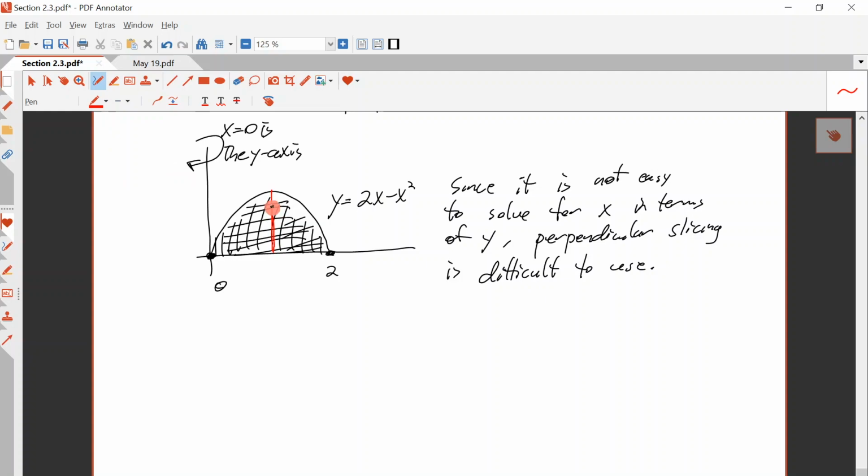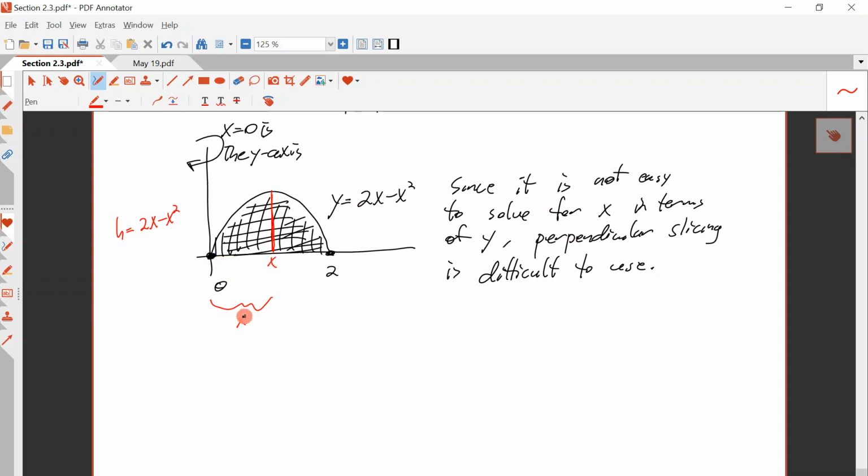Okay, here's the height of a shell right there, and it's just 2x minus x squared. And then the radius of the shell is just x. That's the distance from x to the vertical axis.